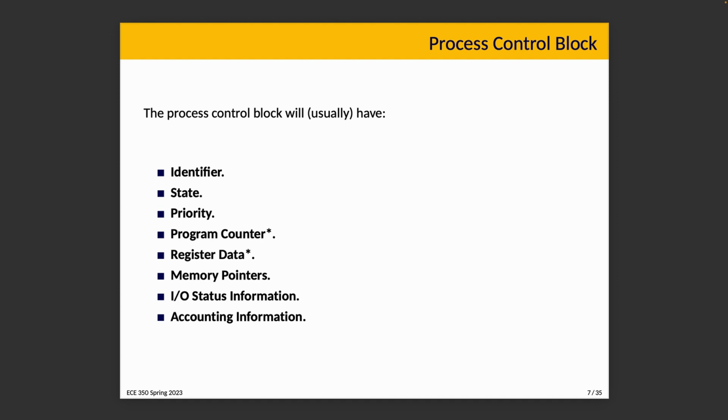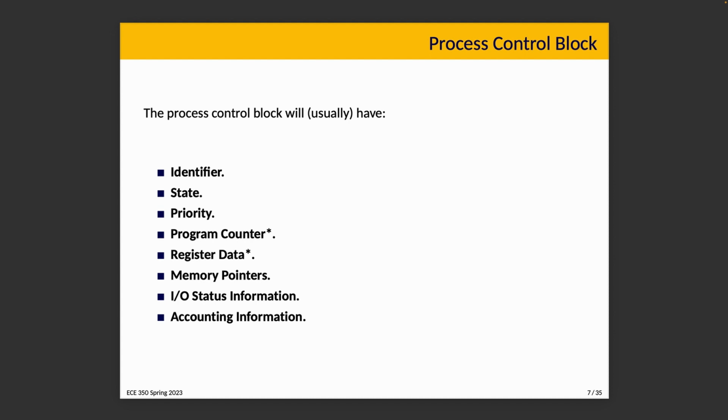I say relatively unique because no 2 processes at the same time can have the same ID, but IDs can be reused eventually, usually after some period of time. It is a simple integer in this case. It increments when a new process is created. The counter will restart when the system restarts, but all we need is a unique identifier. 24601, I think, is the example that I used previously.